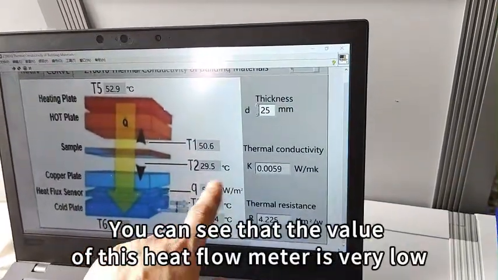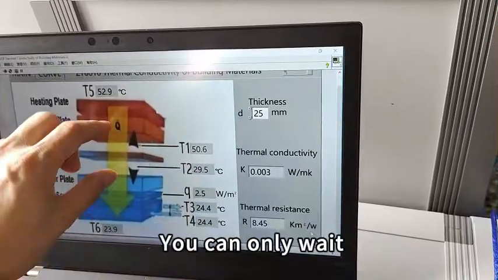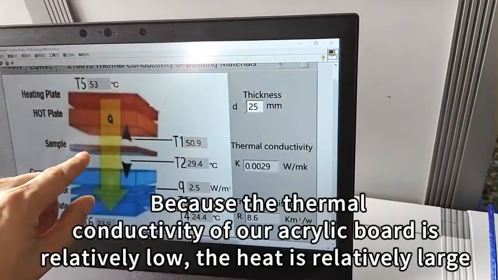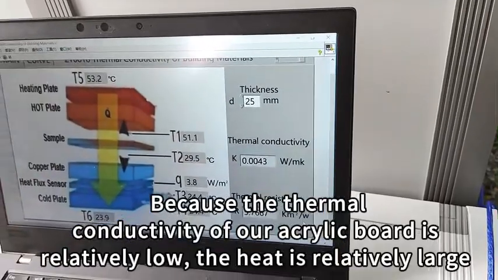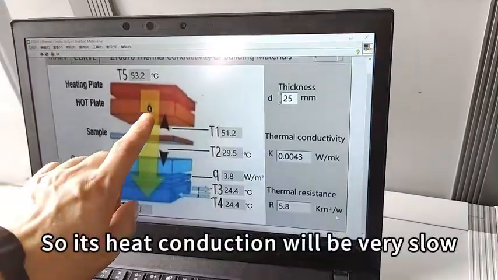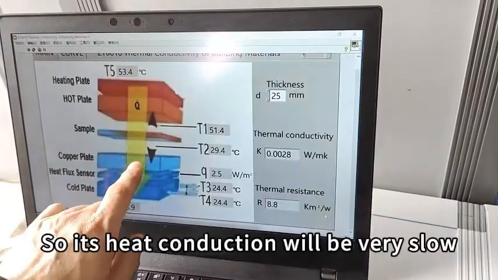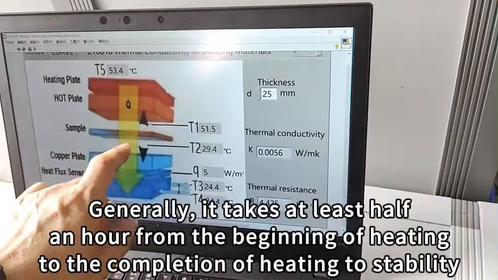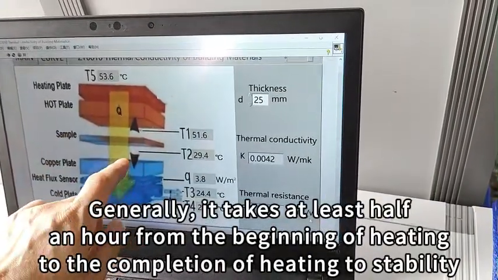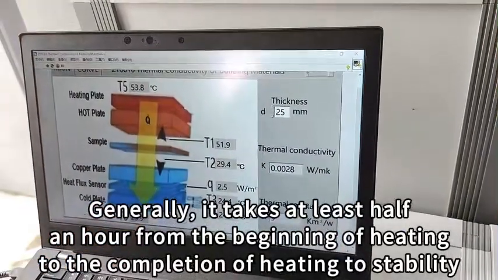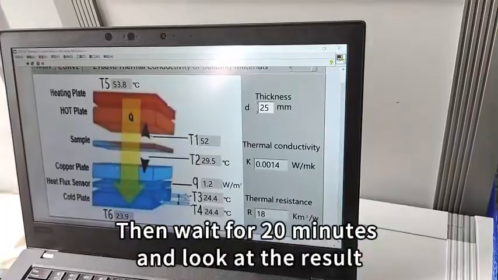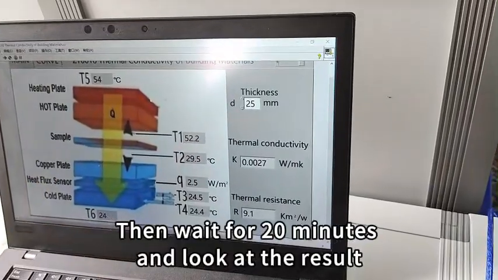You can see that the value of this heat flow meter is very low. You can only wait. Because the thermal conductivity of our acrylic board is relatively low, the heat resistance is relatively large, so its heat conduction will be very slow. Generally, it takes at least half an hour from the beginning of heating to stability. Then wait for 20 minutes and look at the result.